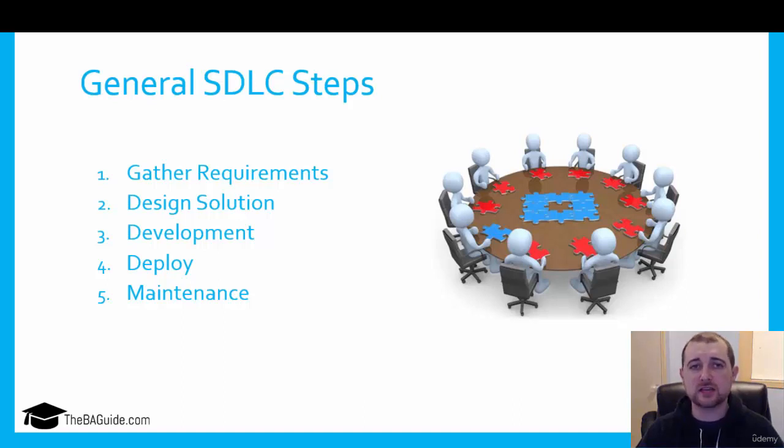And then the fifth and final stage is just maintaining it. A software system, there's going to be bugs that are brought up, but more commonly, there's going to be changes that the business is going through, so there has to be some maintenance to the software package to keep up with those changes and make sure that the software continues to meet the business's ever-evolving needs.